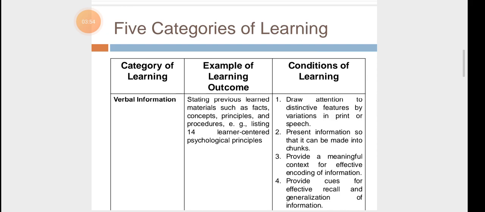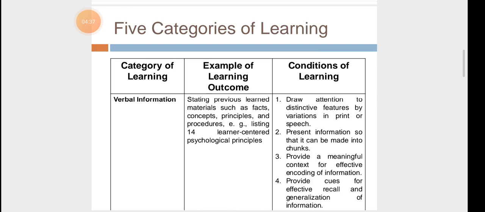Through verbal information, the student has the ability to state, to take note of the lesson, of course the keywords especially, and those important details. The student can use critical thinking, their ability to think. From this situation, the ability of the student in verbal skill should improve and develop.